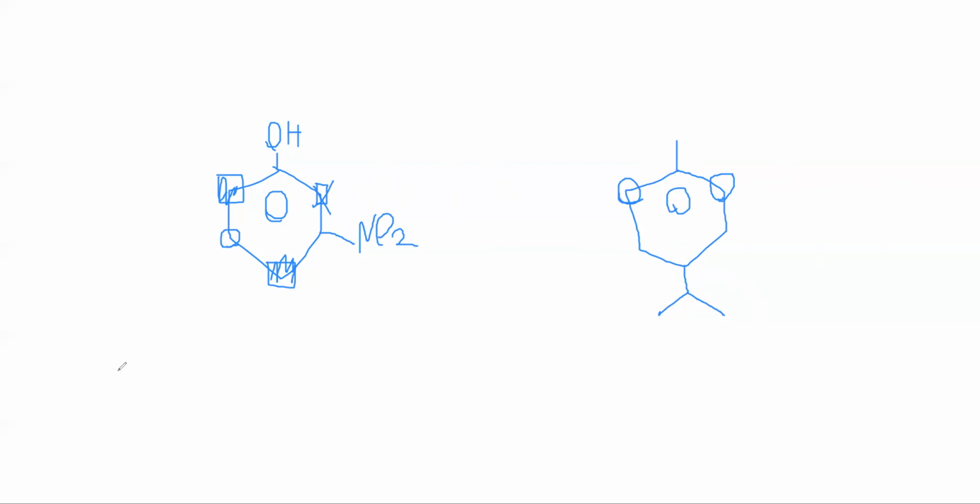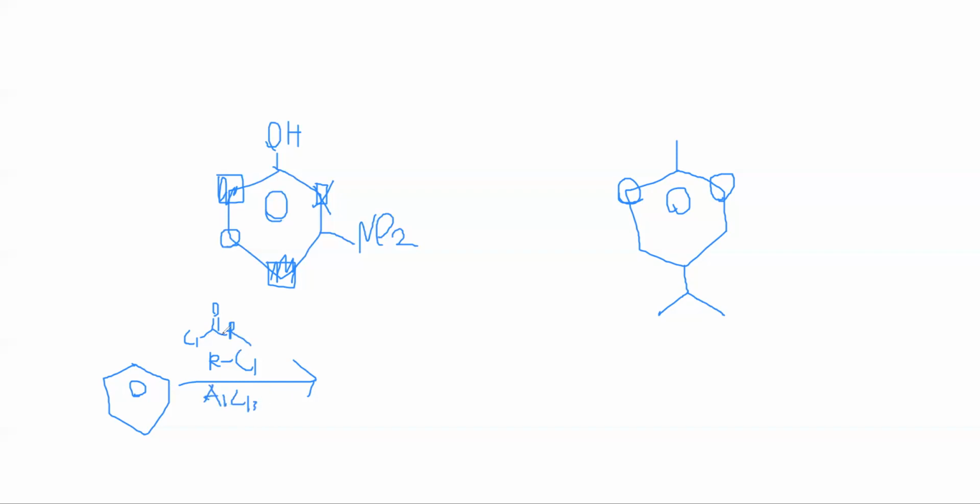And just some examples of some EAS reactions you've seen. You can do Friedel-Crafts reactions, either with an alkyl group with a chlorine or an acyl group with a chlorine, and that was done with AlCl3.